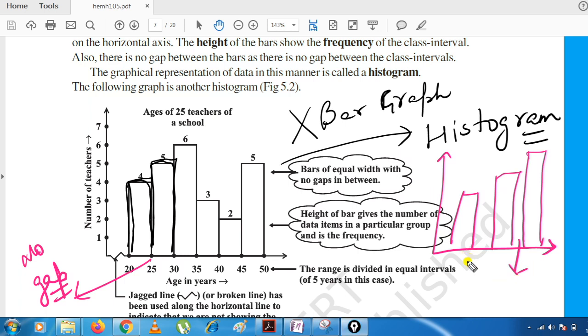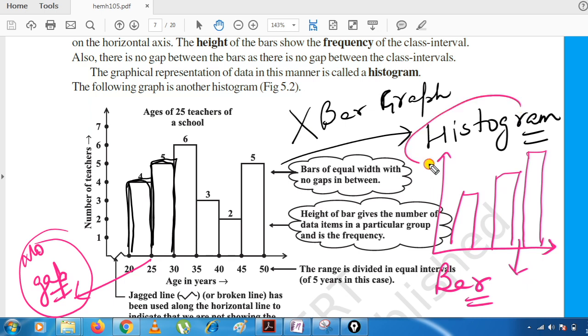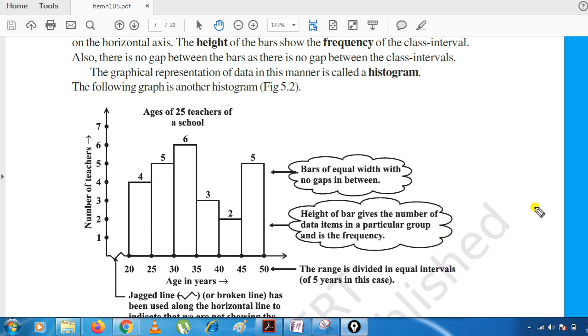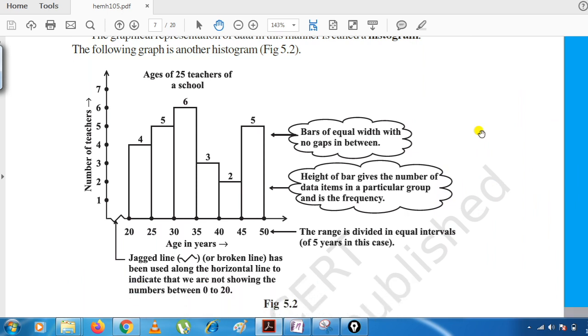So you can see here a certain gap is present. That means it is a bar graph. It comes under the category of bar graph, but here there is no gap. If there is no gap, then this comes under the category of histogram. I hope you understood the difference between histogram and bar graph.